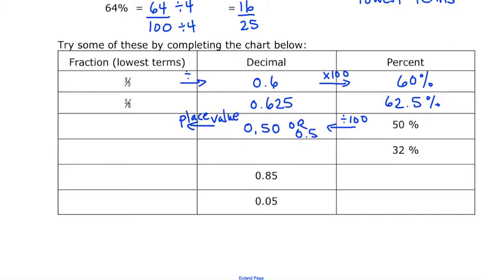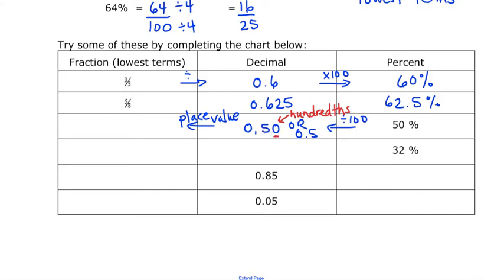In grade 9, we looked at place value. When we're thinking about converting from a decimal to a fraction, we want to think about what our last digit is. Where is that in terms of place value? This is in the hundredths position. If we have two numbers, this is your tenths, this is your hundredths.